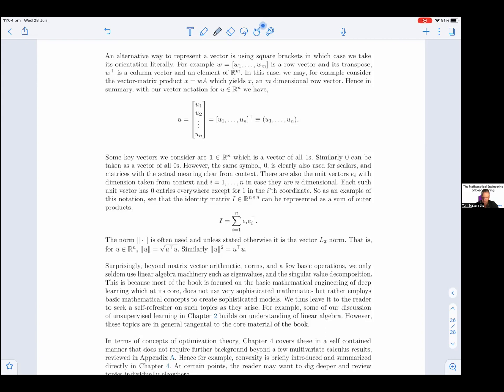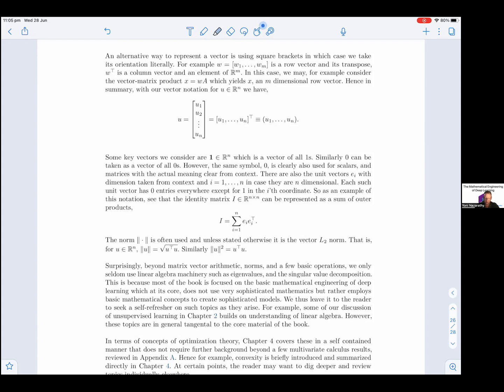In this case, we may, for example, consider the vector-matrix product x = wA, which yields x, an n-dimensional row vector. Hence, in summary, with our vector notation for u in R^n, we have u being the column, or the row transposed, or the tuple.